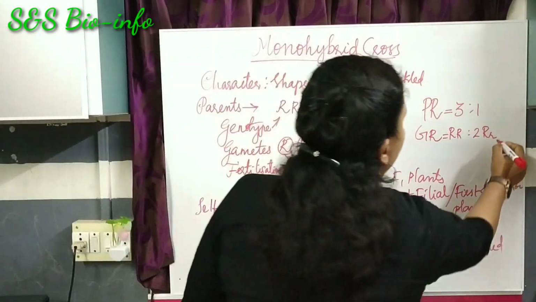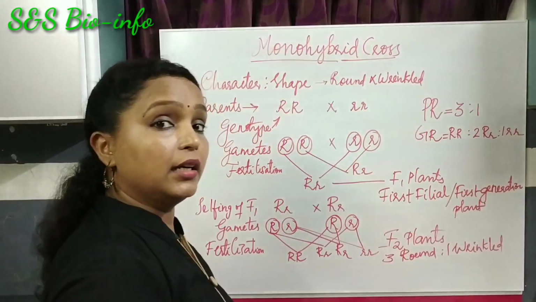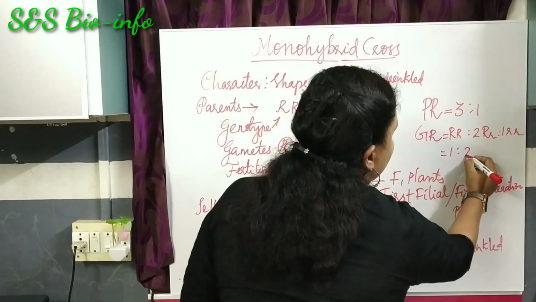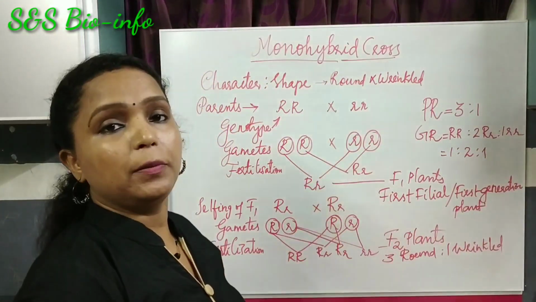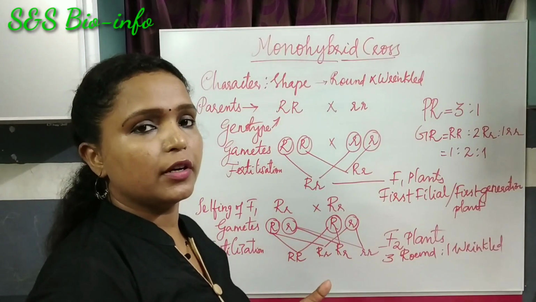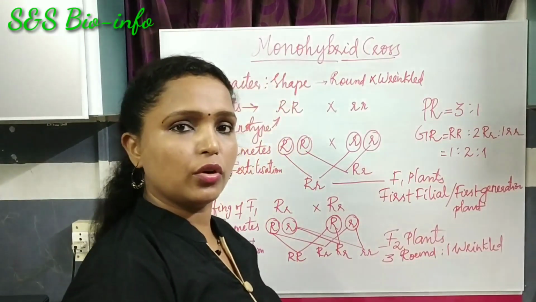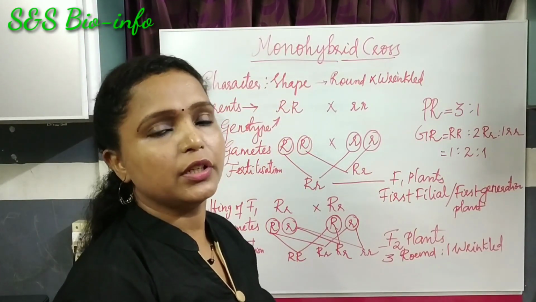Fourth one, 1 homozygous recessive allele. Here, the genotypic ratio is 1:2:1. So, phenotypic ratio 3:1, genotypic ratio 1:2:1. 3:1 is also known as monohybrid ratio because it is a result of monohybrid cross.